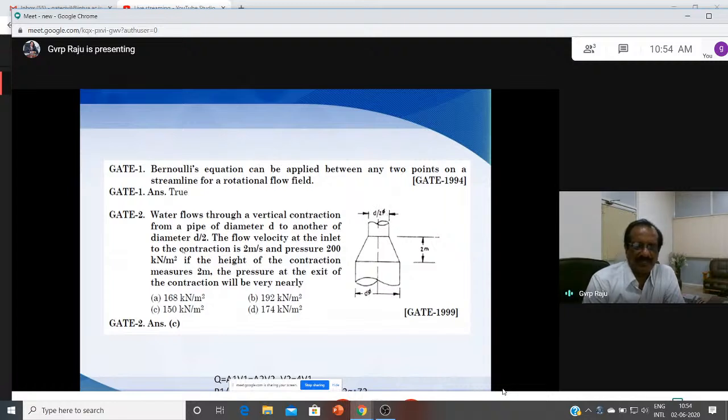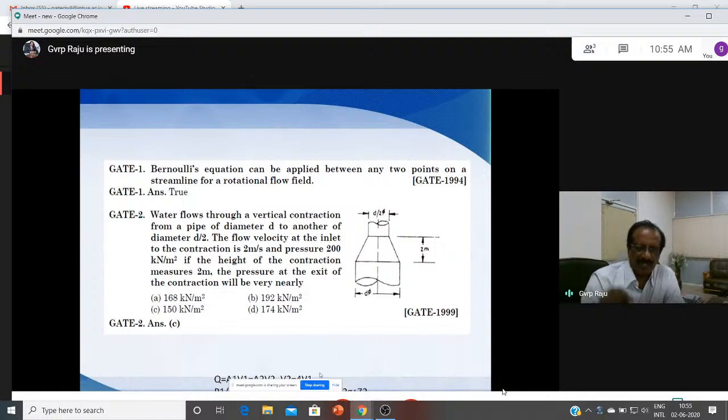The flow velocity at the inlet of the contraction is 2 meters per second. We can get the relation between V1 and V2 because we have the values of A1 and A2. So now V2 is equal to 4 times V1.